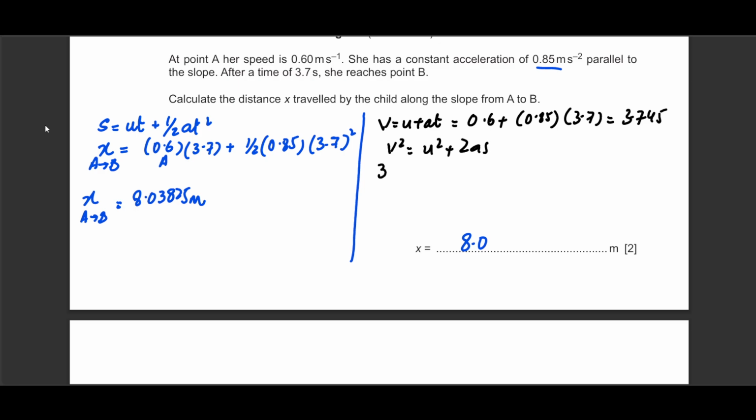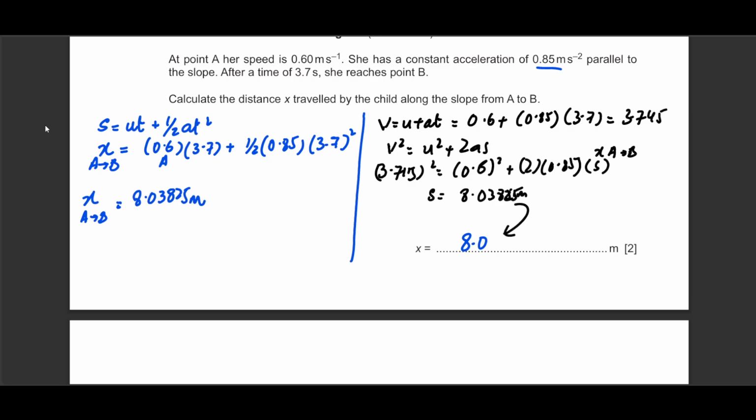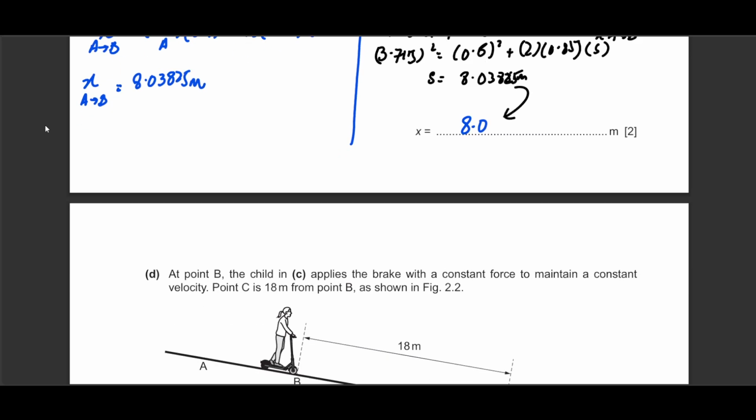So 3.745 squared equals 0.6 squared plus 2 into 0.85 acceleration into s, which is of course the x between A and B. This also gives s, or x, equal to 8.03825 meters, exactly the same as by the other method. This is going to be rounded off to this value.